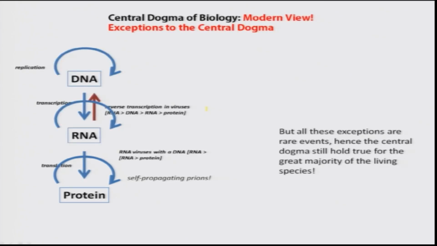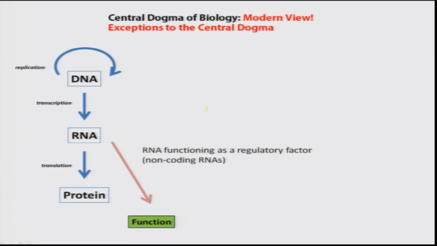So, there are exceptions, but all these exceptions are rare events. If you look at the majority of species, living entities, you will find that the original proposal of the central dogma is still valid, and the other exceptions remain exceptions.